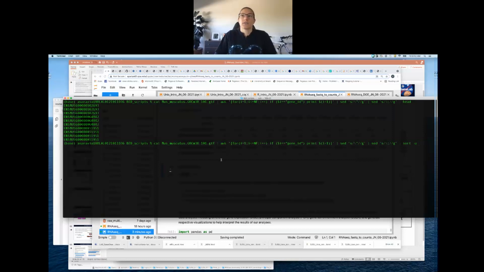If I just pipe this into head real quick, what you notice is that this first command that I ran doesn't do any sorting, and that's how you see those repeated gene IDs. Now this command I'm going to sort, and I only want to pull out the unique Ensembl gene IDs.